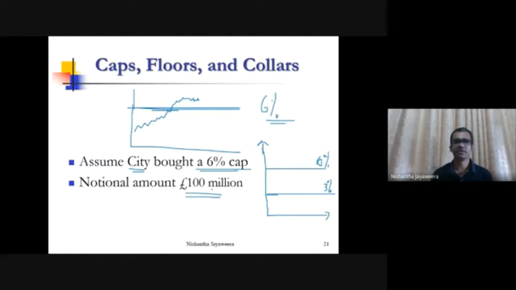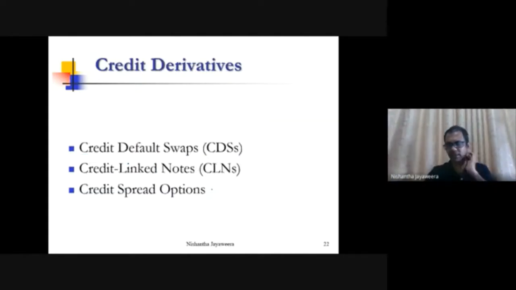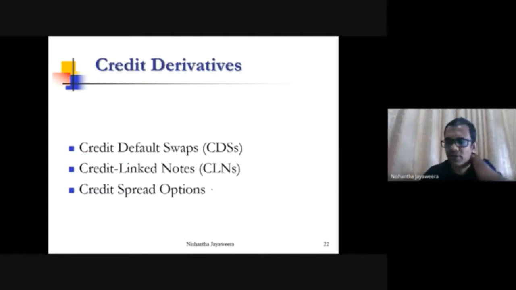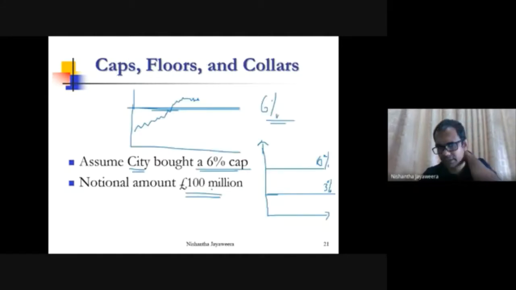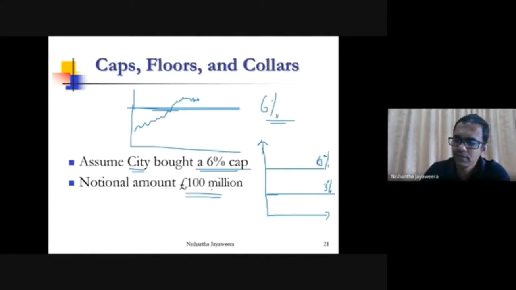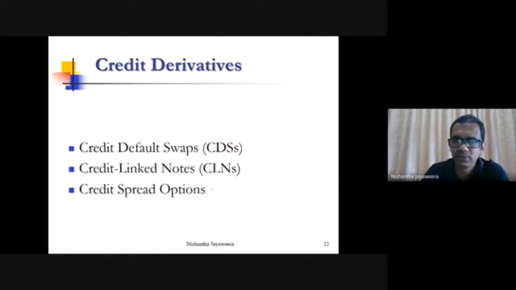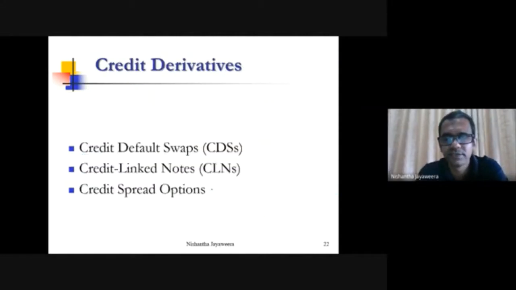Without assuming that, or without having that knowledge, you should not enter into any of these transactions. So with that, I'll finish that topic on the swaps. I'm going to move into credit derivatives, just to give a brief introduction.